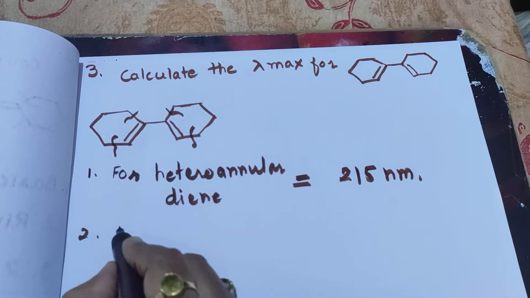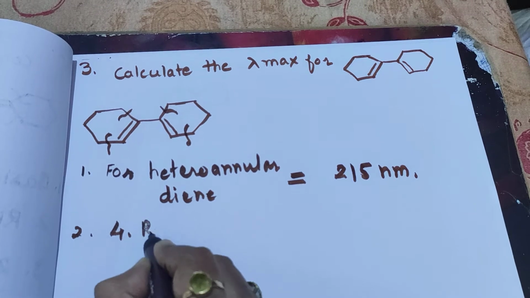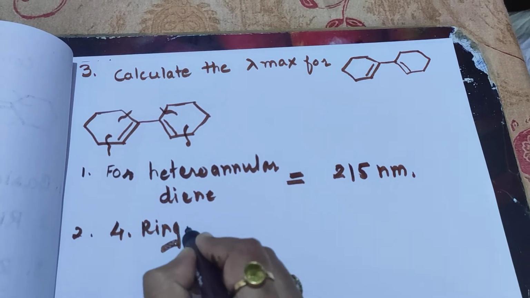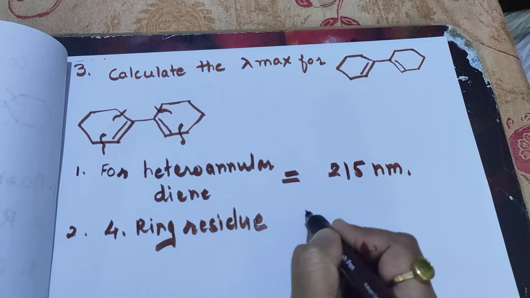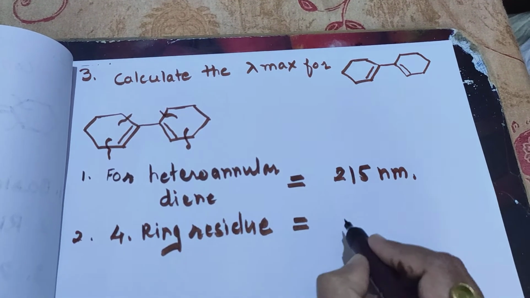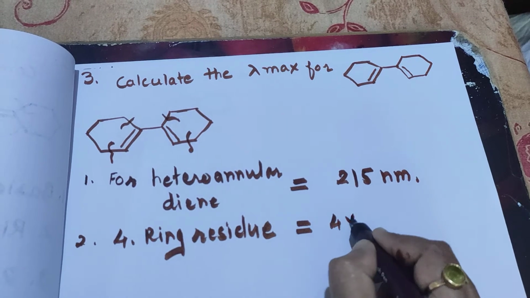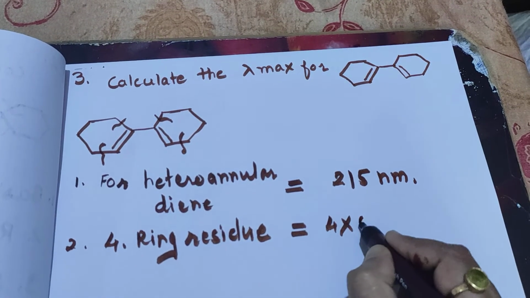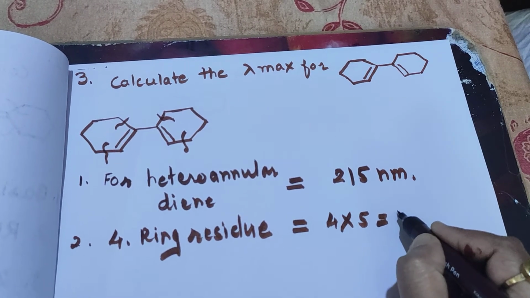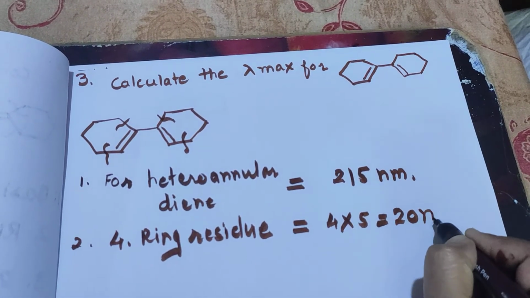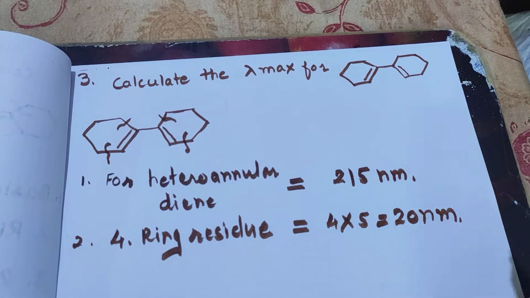So we can say 4 ring residues are present. So we have 4 ring residues, and for each ring residue the value comes out to be 5. So 5 multiplied by 4 is 20 nanometer.